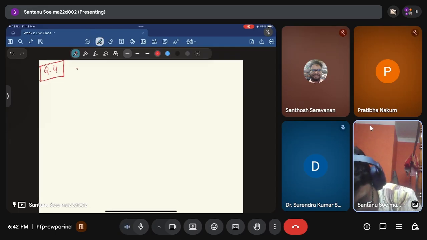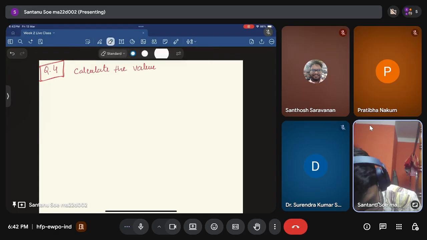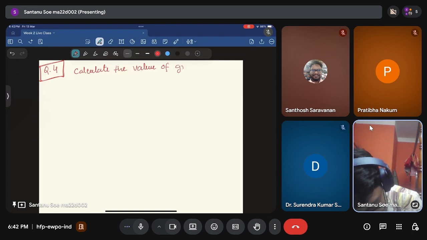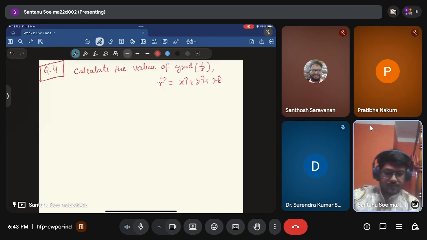So calculate the value of grad of 1 by r, where r vector is given by x i cap plus y j cap plus z k cap.